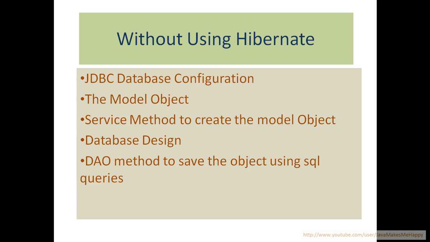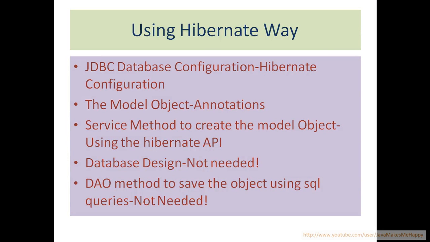Now what if we are not using the general approach? What if we are using the Hibernate way? So what is the Hibernate way here? Hibernate configuration is needed for the JDBC database configuration.